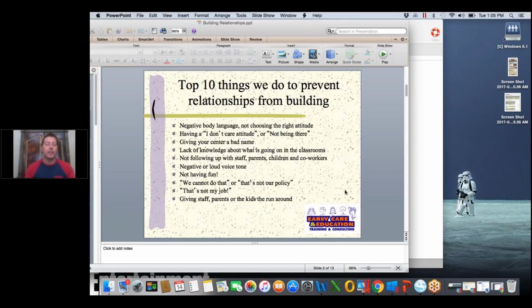Actually, tone makes up 17% of that, leaving the rest up to body language. So the way you present yourself physically, your facial expressions, the way you use your arms and your hands, that says a lot to the person you're trying to build a relationship with.